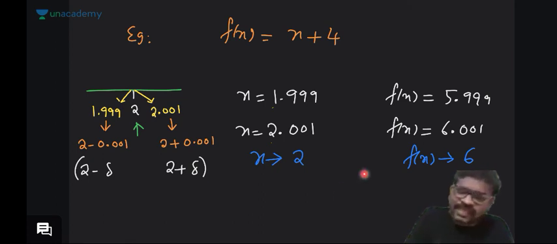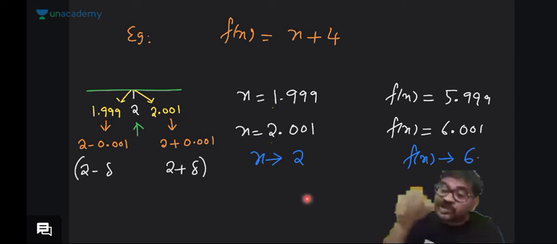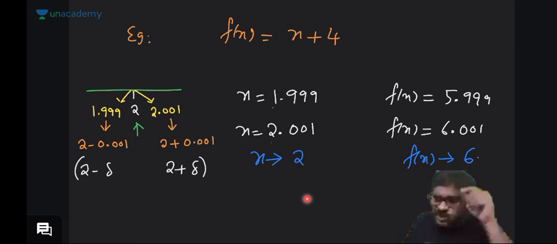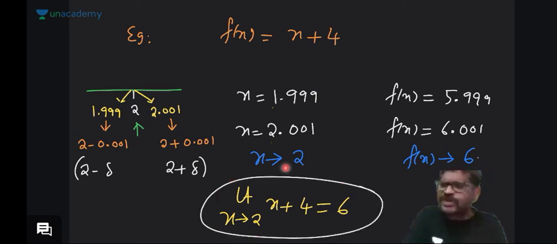Here in this example, a is 2, L is 6. So when x is closer to 2, f of x is closer to 6, then you can say that limit x tends to 2, x plus 4 equal to 6. 6 is the limit of x plus 4 when x tends to 2. That is the meaning of that definition. Okay, I will explain geometrically.